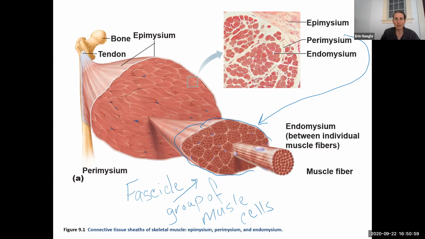Then each individual muscle cell, ooh, I know, so many words. I don't know why they do this too, but a muscle fiber is the same thing as one muscle cell. So when you're reading about that in the book, or I throw it out casually as if you already know what it is, a muscle fiber is one muscle cell.